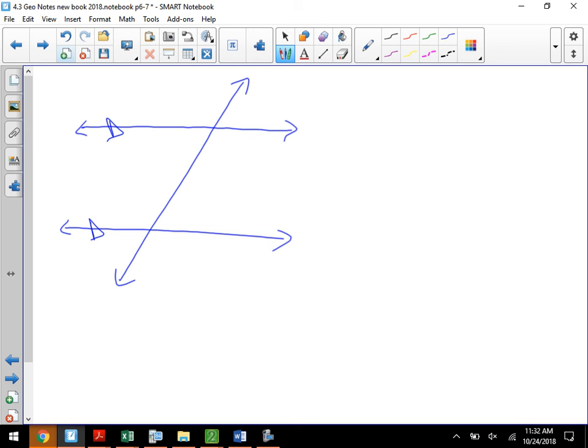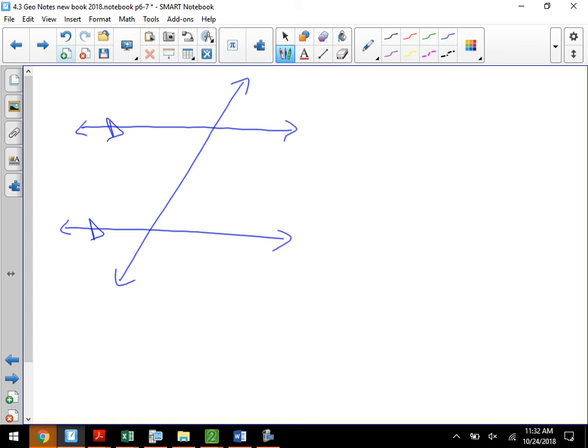The little arrows? It means parallel, good. So when you have parallel lines and then the line that goes through two or more parallel lines, that's called a transversal. So here we have two parallel lines cut by a transversal.